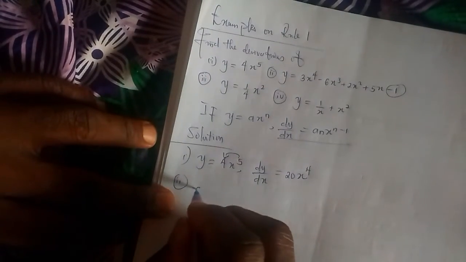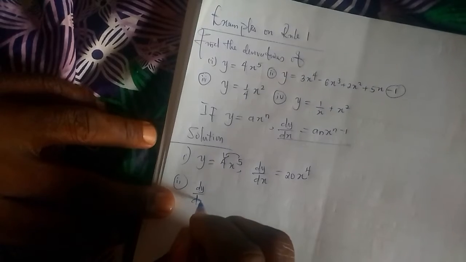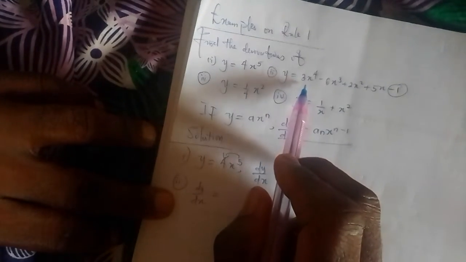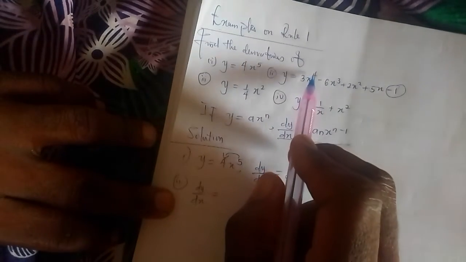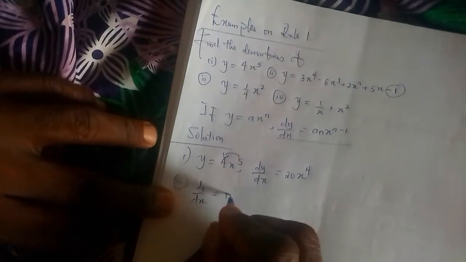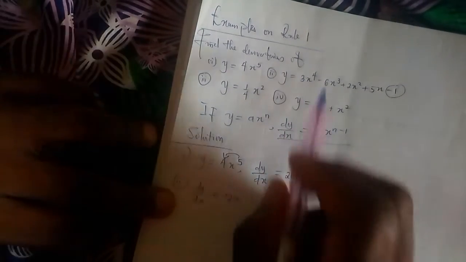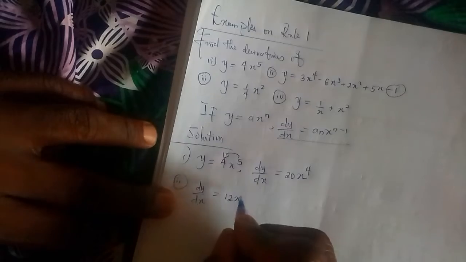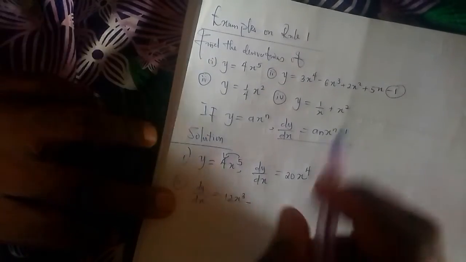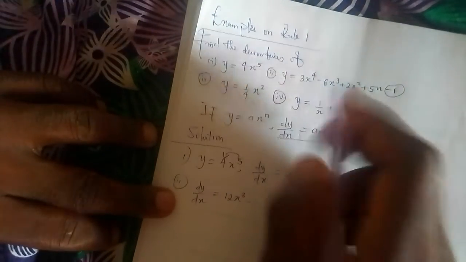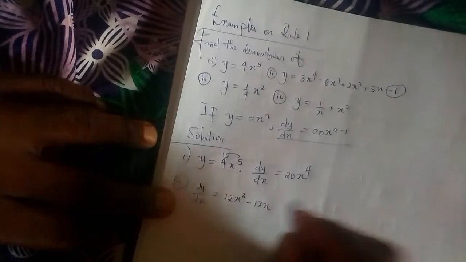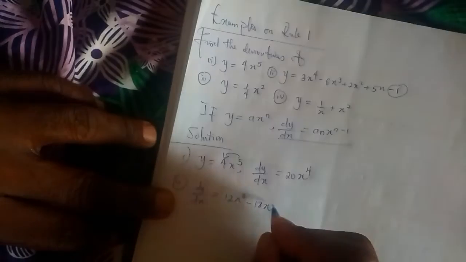So now if you have to find the dy/dx of number 2, where we have 3x to the power 4, this will be 4 times 3, we have 12, then x, then from 4 subtract 1, we are left with 3. Minus the second one now, 3 times 6 will give us 18, then x, from this 3 now subtract 1, we are left with 2.